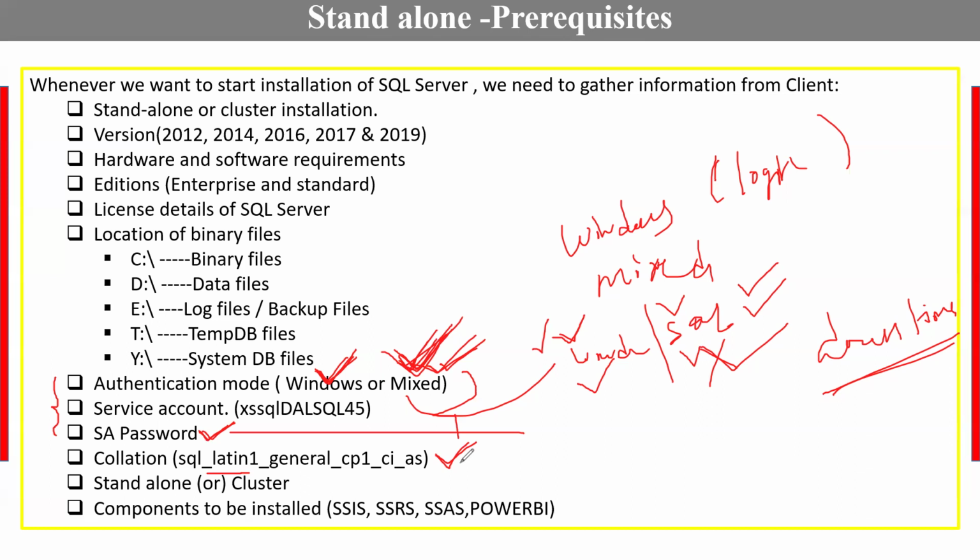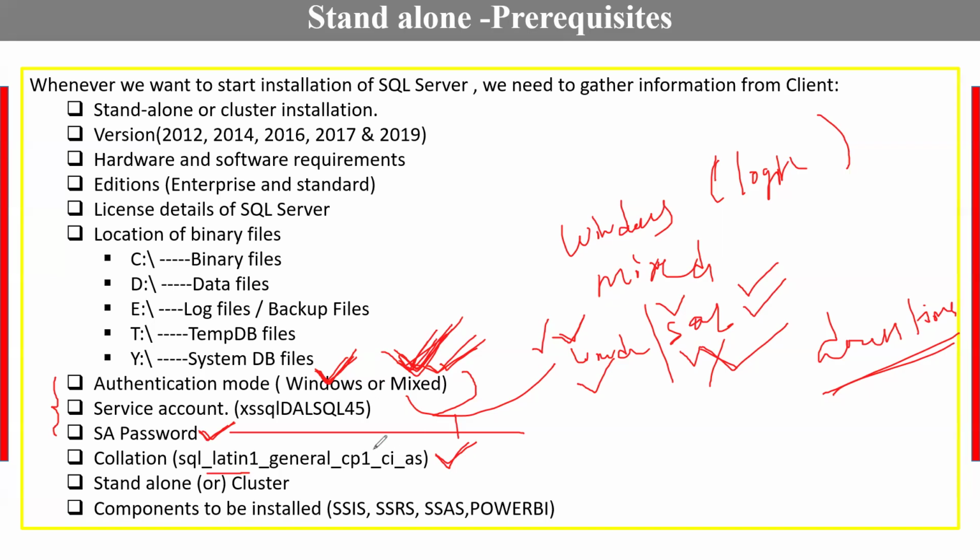Please be aware, if they are mentioning any collation or language, you need to properly choose that collation while you are installing SQL Server. If you forget, that will become a challenge for us. Please keep that in mind.